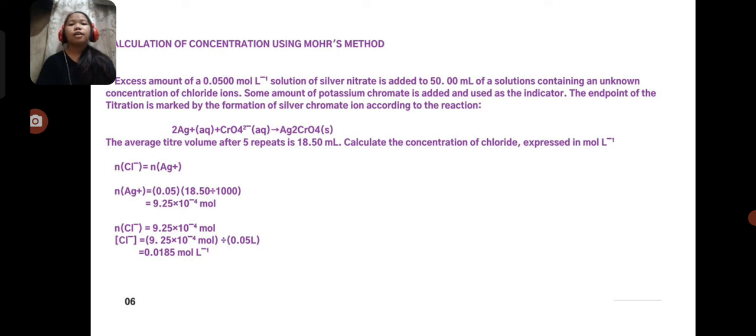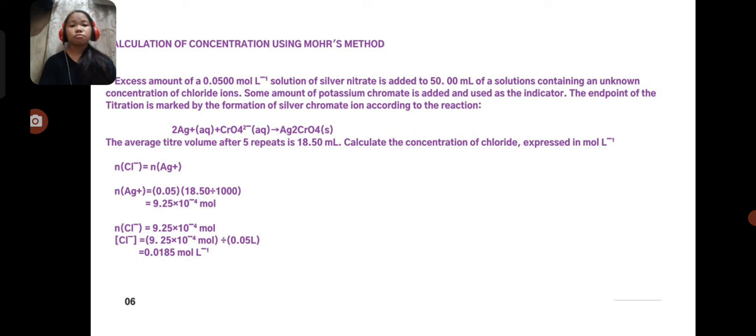That means nga ang number of moles sa chloride ions is also the exact number of the Ag+. So in finding the number of moles sa Ag+, we need to multiply the value sa solution containing an unknown concentration of chloride ions before sa experiment.